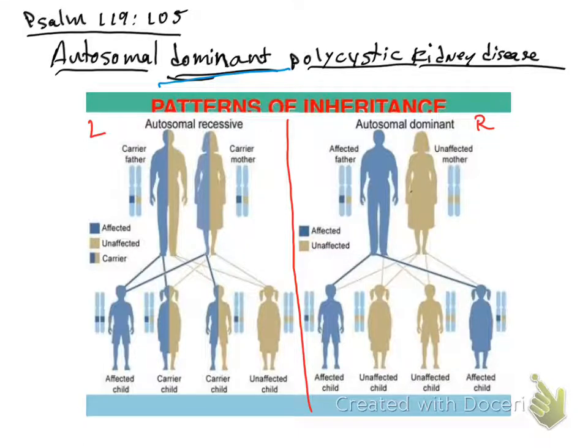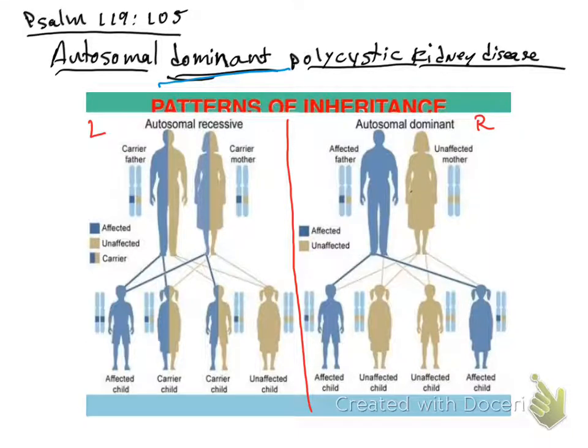In autosomal dominant, as you can see in this pattern, the affected are in blue, and the ones not affected are in this yellow gold. If this couple, the man and the woman, get married and have children, because the disease is dominant, the probability of having children with the disease is high.